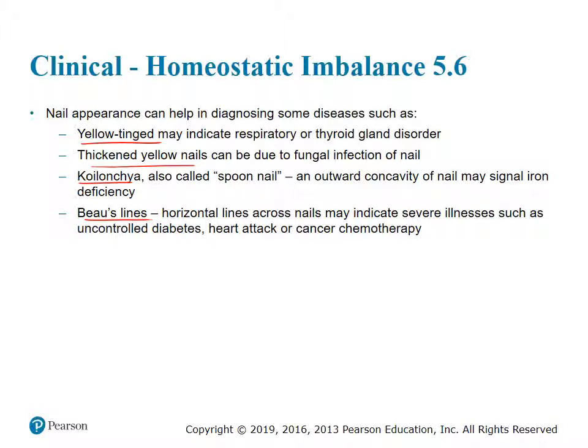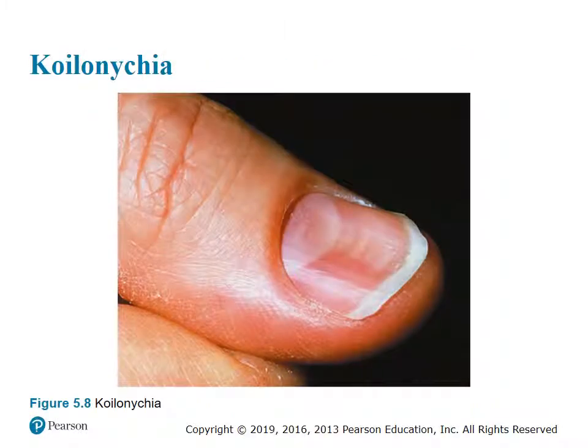What we call spoon nails, when there's bowing of the nail, a kind of bulging, indicate iron deficiency. And these horizontal lines that are usually white can sometimes indicate something going on with the cardiovascular system. Here's the bowing of the nail. Can you see that kind of divot there? It'll bow out sometimes, but it's a little divot.